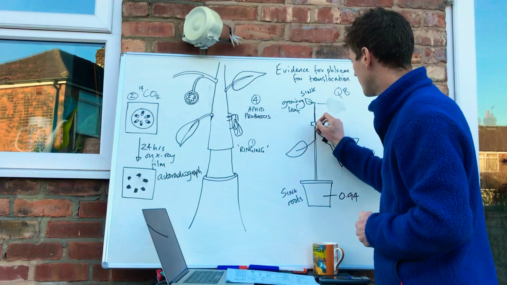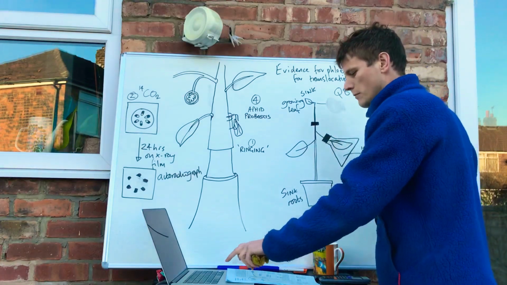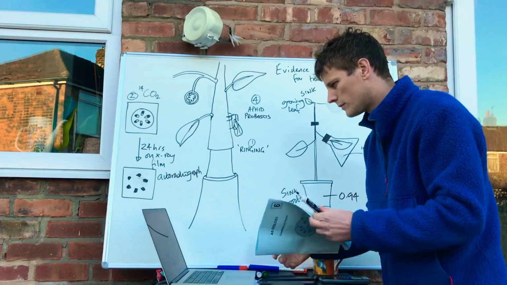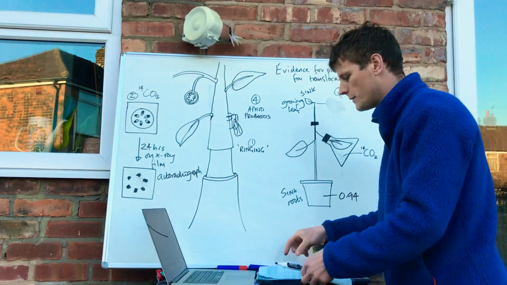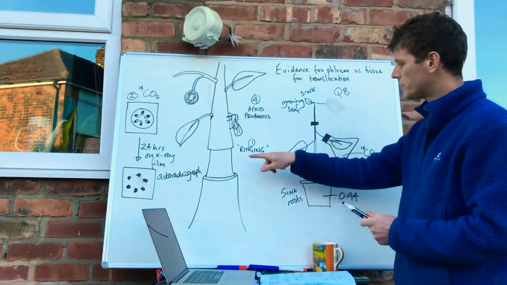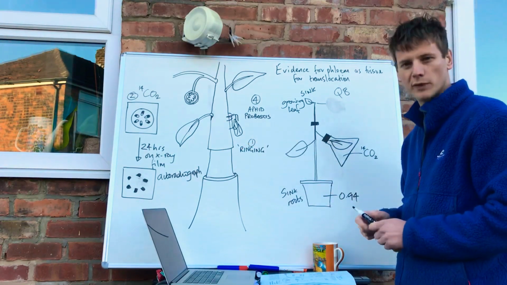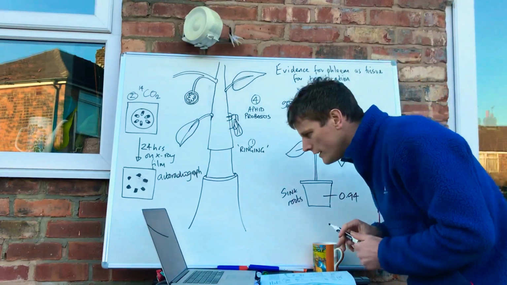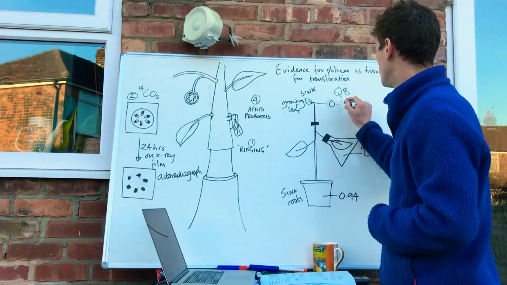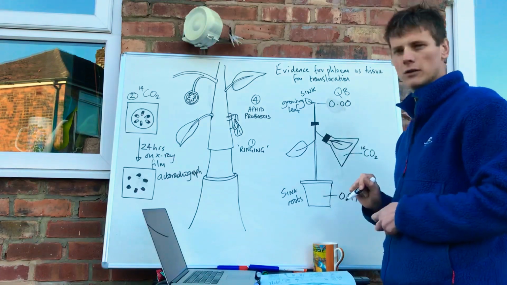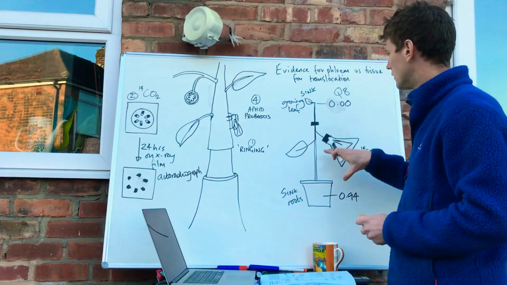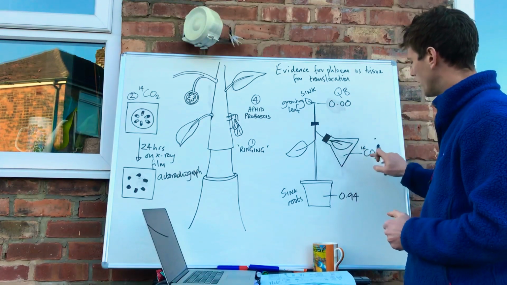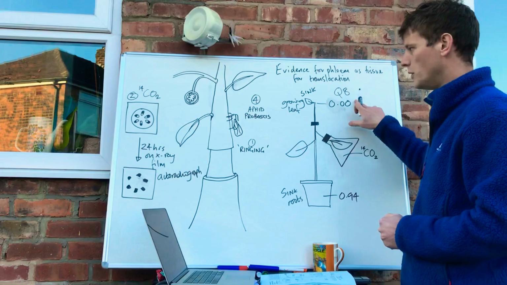So a ring of phloem has been removed from the stem, which should, as we discussed earlier on, prevent the movement of those photosynthetic products. And what we find is, at the top, 0.00. There have been no photosynthetic products containing that radioactive carbon-14 moving to the top.